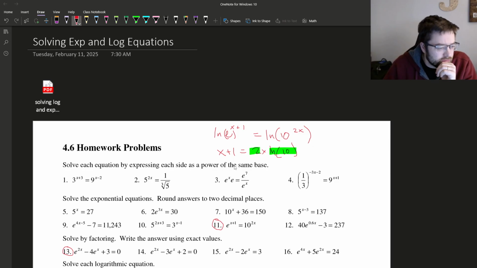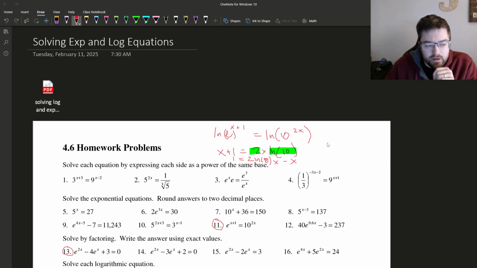Let's see, so I guess we'll just subtract x from each side. So we'll get 1 equals 2 natural log 10 times x minus x. And what do we have here?